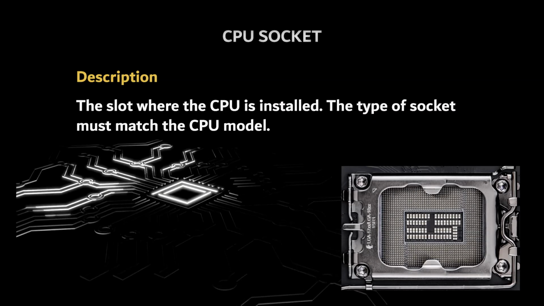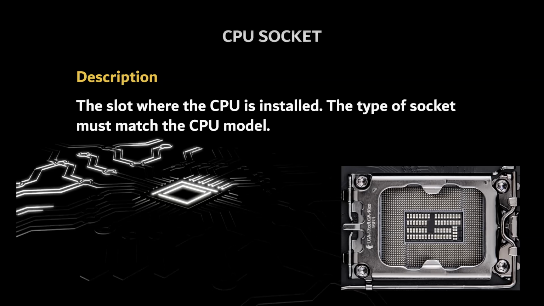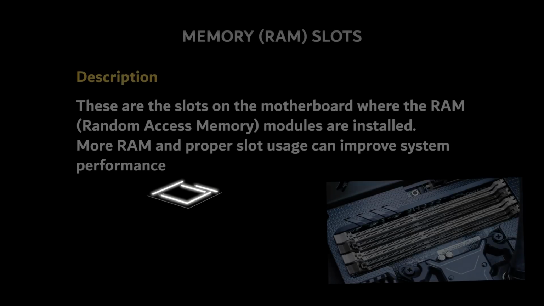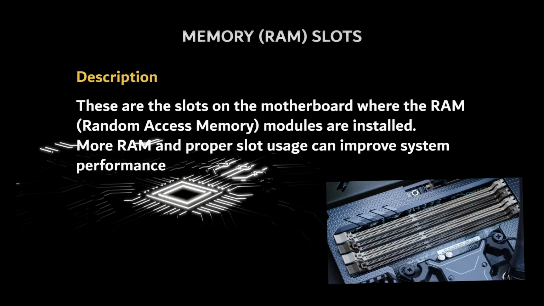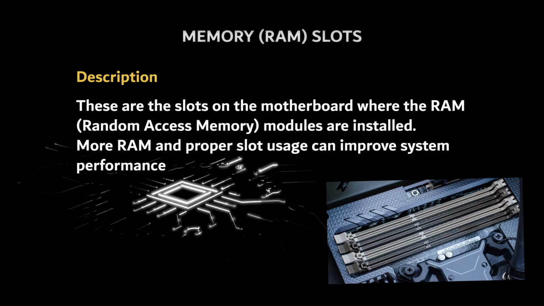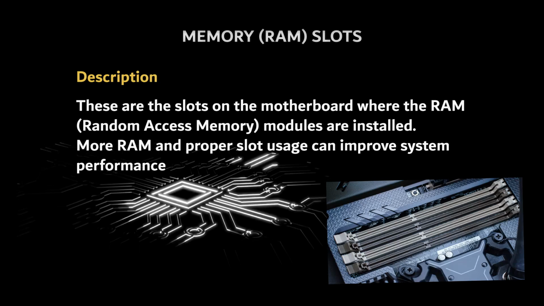CPU socket. The slot where the CPU is installed. The type of socket must match the CPU model. Memory, RAM, slots. These are the slots on the motherboard where the RAM, random access memory modules, are installed. RAM temporarily stores data that the CPU needs to access quickly.